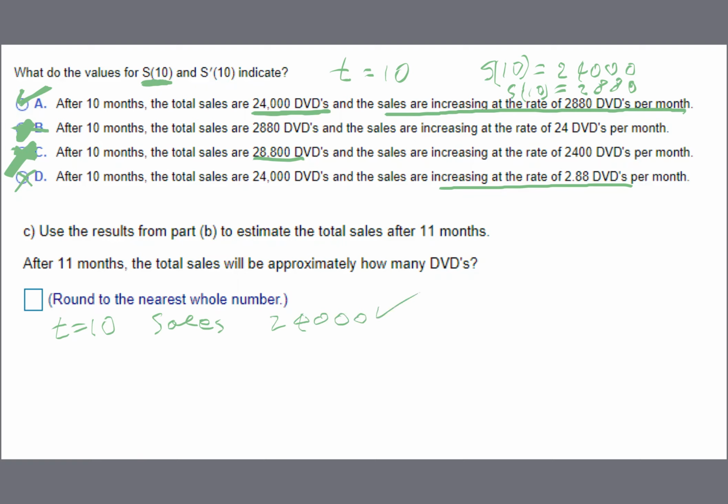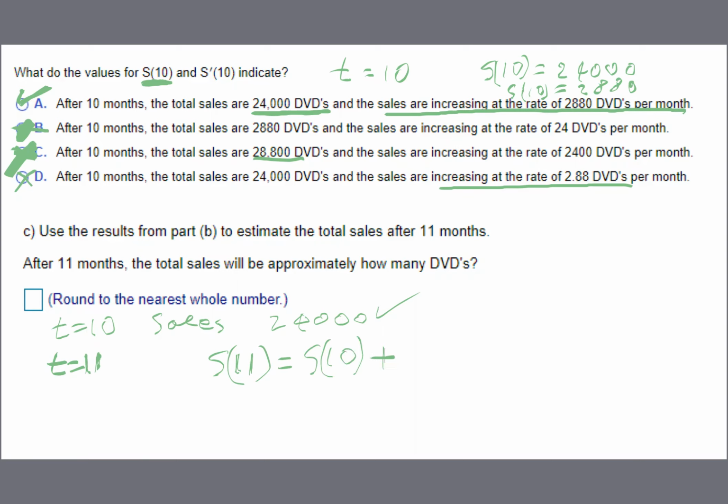Now, to find out how many DVDs were sold after 11 months, we could find S of 11, or we can estimate S of 11 to be the sales at 10 months plus the change per month after 10 months.